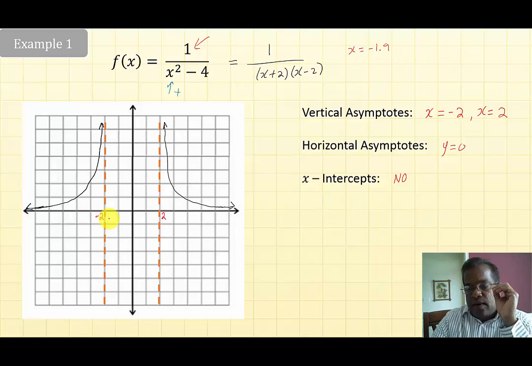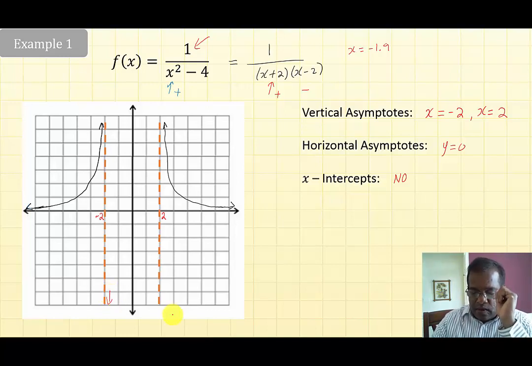If I use that, what do I get here? So this will be a positive number, and if this is -1.9 and this is negative, the total is negative. So negative times positive is a negative number, so 1 over a negative number, the whole thing is a negative number, so that means it has to go over here.